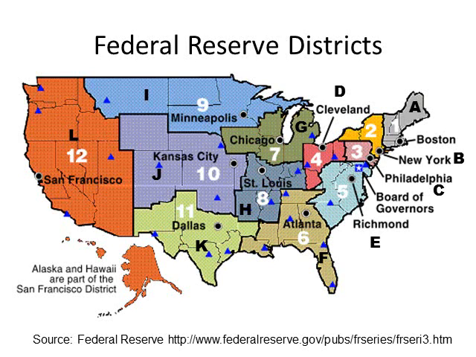District 6, or District F, has its main office in Atlanta and is referred to as the Atlanta Federal Reserve Bank. This district covers Florida, Georgia, Alabama, part of Mississippi, part of Louisiana, and part of Tennessee. District 7, or District G, has its main office in Chicago, Illinois, and is referred to as the Chicago Federal Reserve Bank.